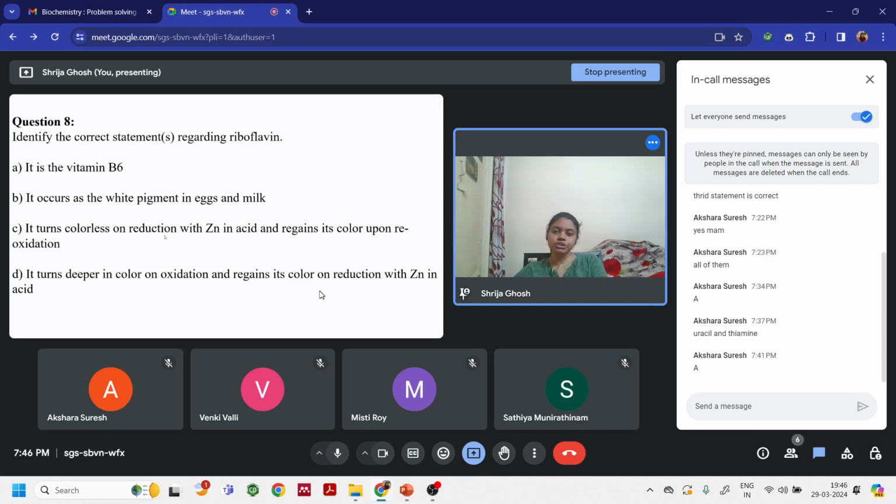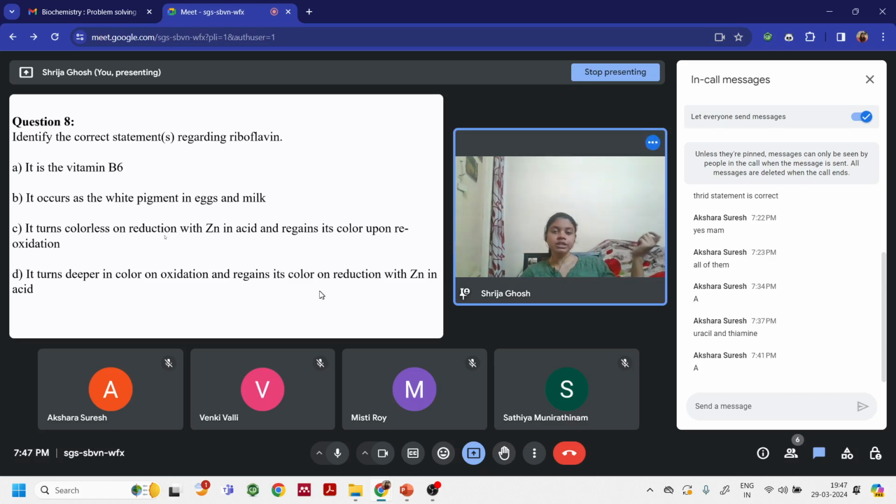So the next question, question number 8. Identify the correct statement regarding riboflavin. The options are: A, it is vitamin B6; B, it occurs as the white pigment in eggs and milk; C, it turns colorless on reduction with zinc in acid and regains its color upon reoxidation; D, it turns deeper in color on oxidation and regains its color on reduction with zinc and acid.